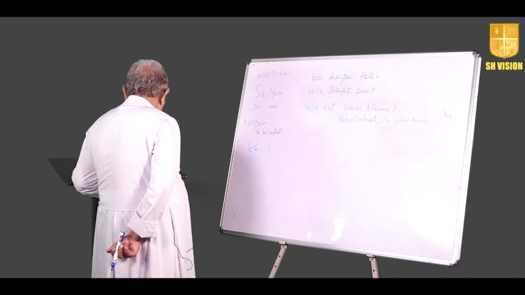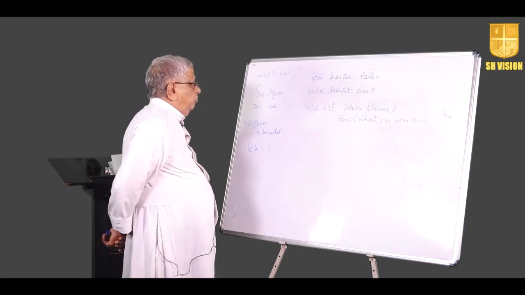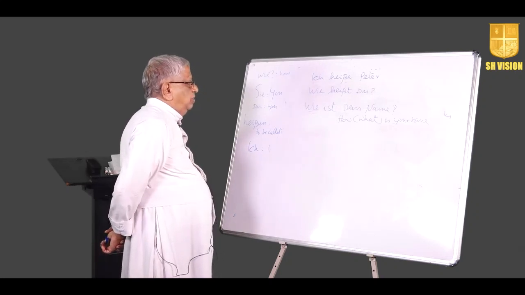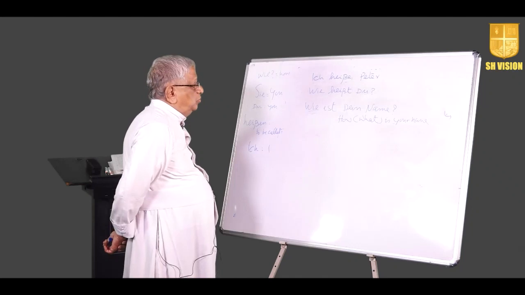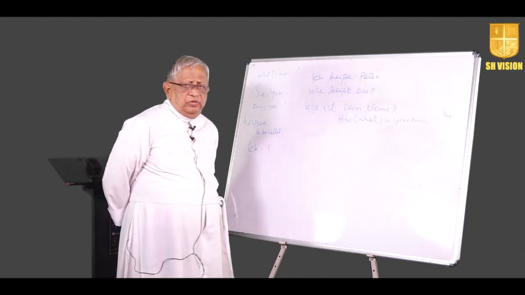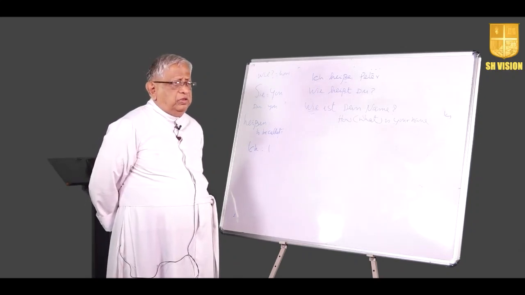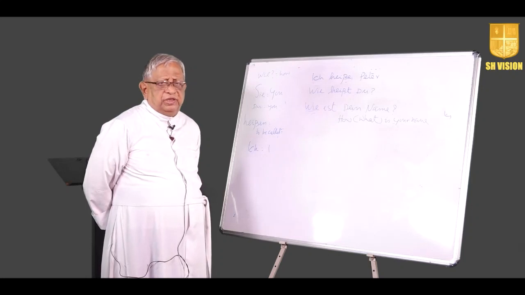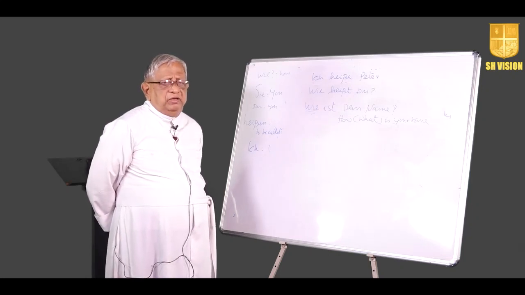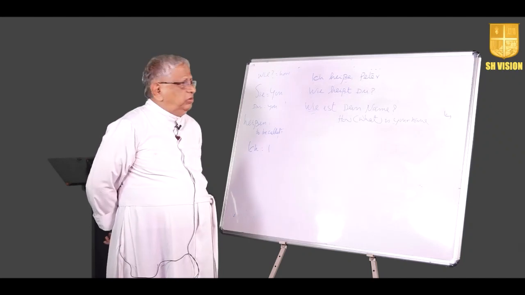So that is how to ask the name of a person. Wie heißen Sie? Or wie heißt du? Wie heißen Sie is a form of respect for the elders, for strangers, and people whom you do not know, where you use Sie.